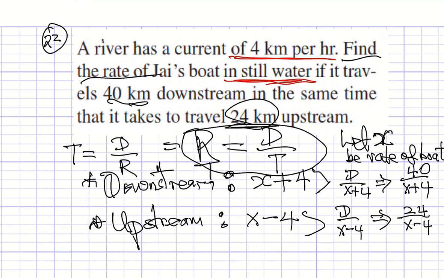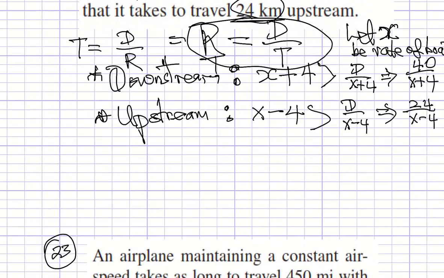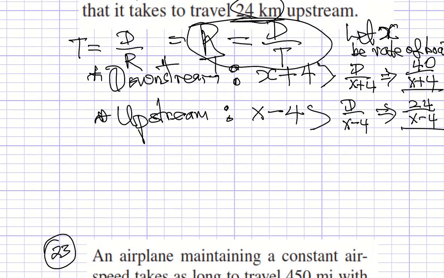So because the time, it says the boat travels downstream and upstream in the same time, you equate those two because they're the same time. So this is time downstream, this is time upstream. Since the time is equal, we equate those two rational expressions, okay? So 40 over x plus 4 is equal to 24 over x minus 4, okay?